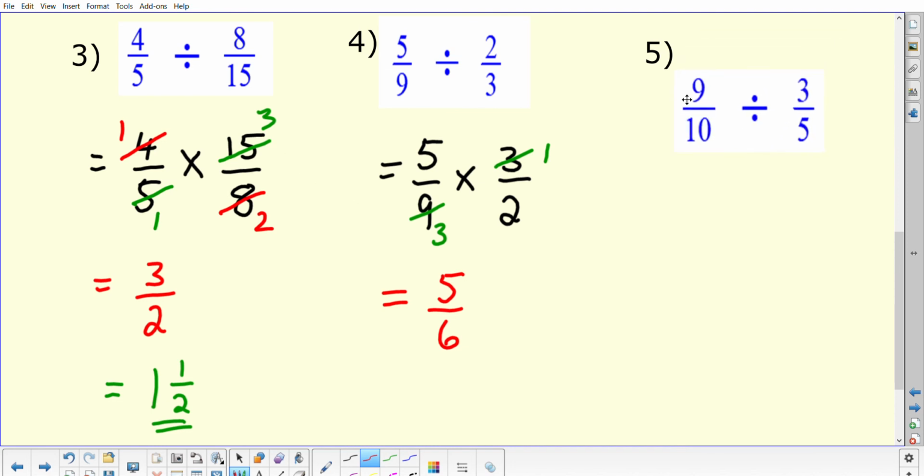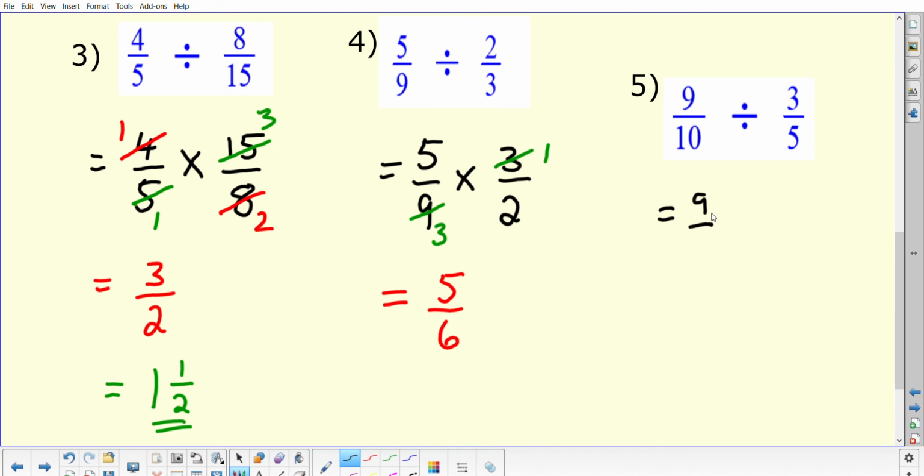So this one here for number 5, we're looking at keep the 9 tenths. We switch the sign from divide to times, and we flip the second fraction over. So looking for things we can cancel between the 3 and the 9. So 3 into 3 is 1, 3 into 9 is 3, and you can cancel between the 5 and the 10. 5 into 5 is 1, and 5 into 10 is 2.